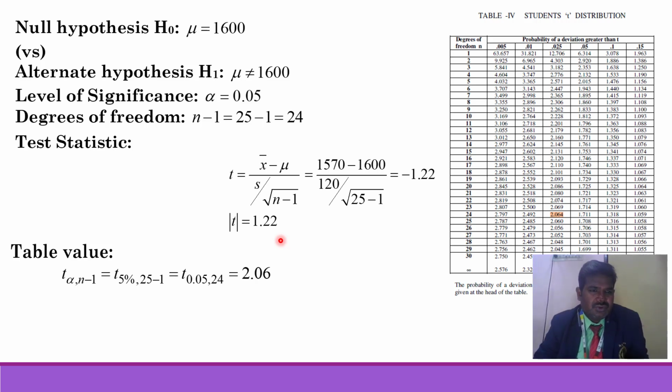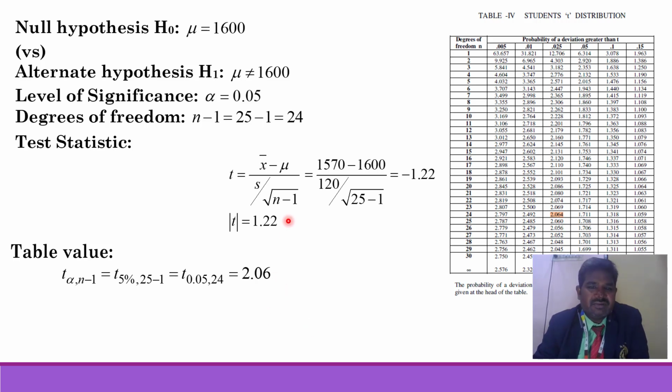Table value: we can get the value from the table. With the degrees of freedom 24 at 5%, two-tailed test, we look at the third column value. Here I highlighted it. For 24 the value is 2.064, so 2.06.